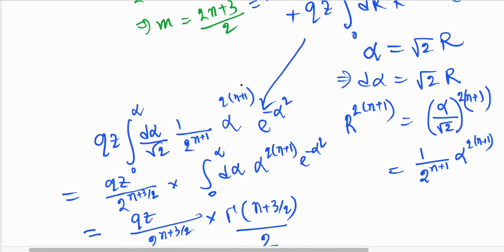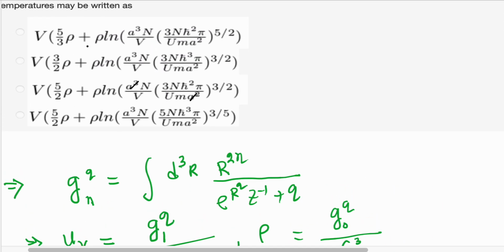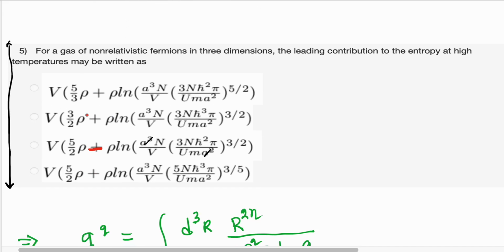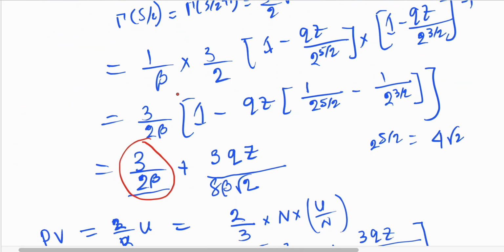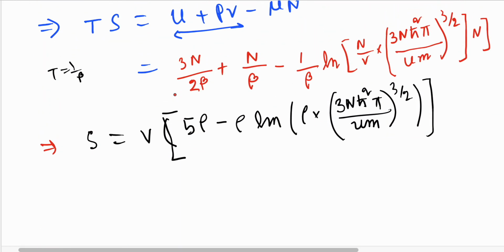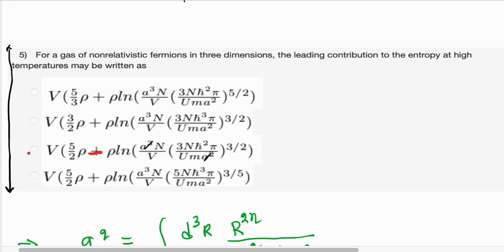This sign is actually wrong here; it should be minus, because it is a fermion, so a negative sign should be there. Rho ln n by v, that means rho (3n h cut square pi by m). This is the answer of this question. That means the leading order correction to the entropy is this. So we have solved question number 5.